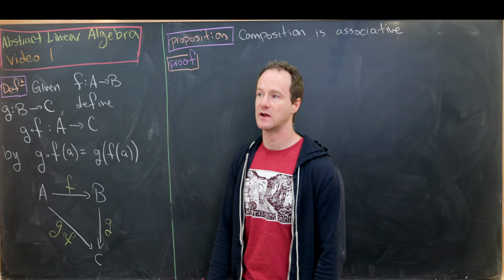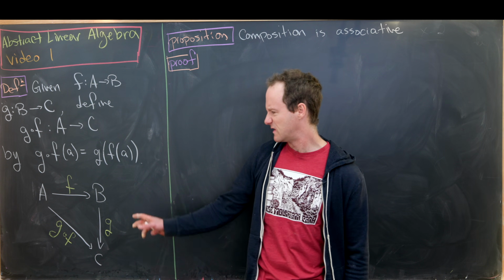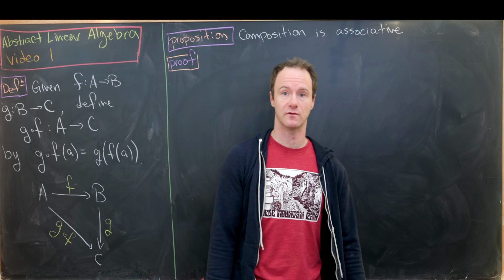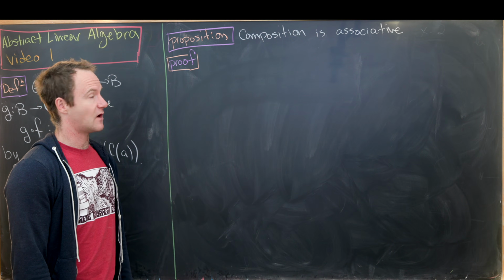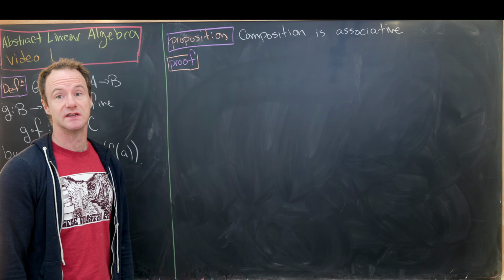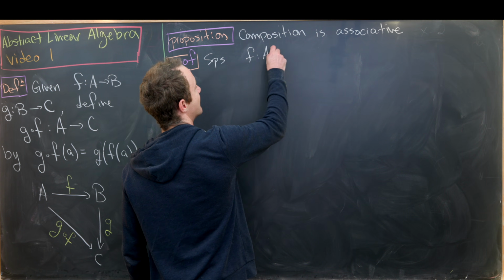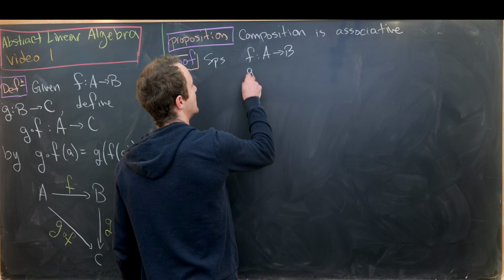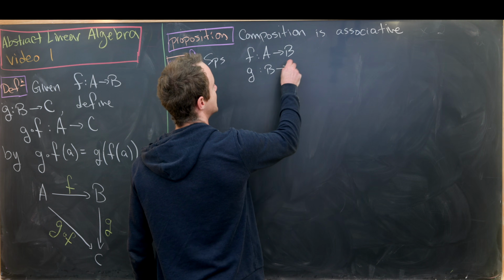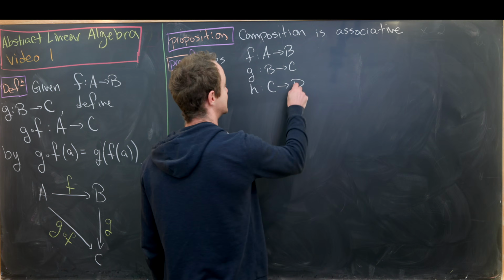Commutative diagrams are really powerful for looking at a lot of different things in math, and this is maybe a good first example of one of these. Now I want to look at the following standard result, and that is composition is associative. So let's suppose we have three functions: f going from A to B, g going from B to C, and h going from C to D.